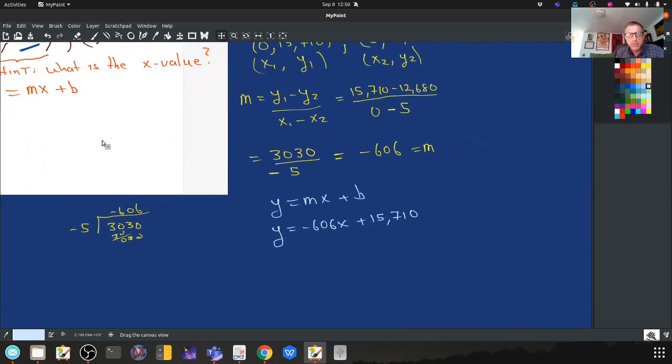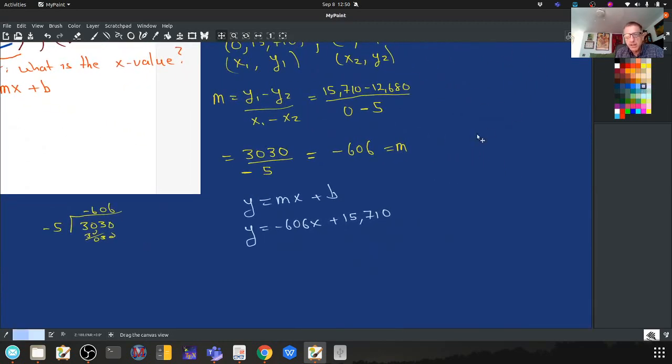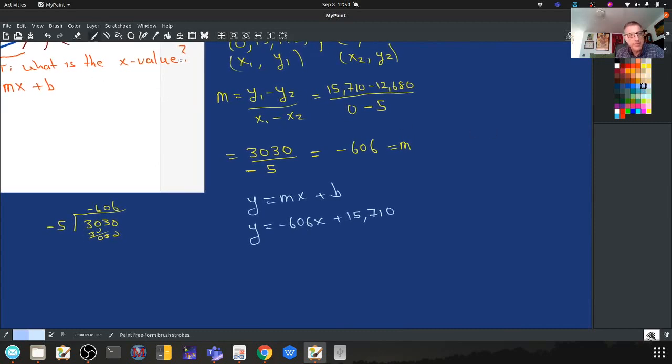So our starting point is 2009. So 2020 minus 2009 gives me 11. So that's my x value. So all I do is y is equal to minus 606 times 11 plus 15,710.